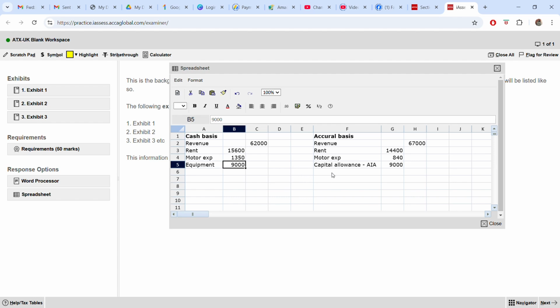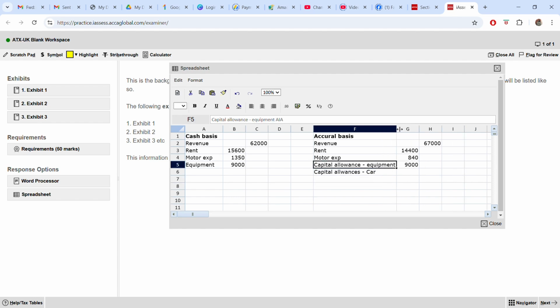On that car also you are going to get capital allowance. There are various rules for capital allowances for various types of assets. This is for the car, and this capital allowance is for equipment. You have to always name which asset you are taking the allowance for.